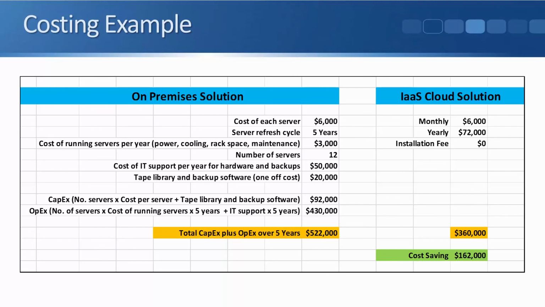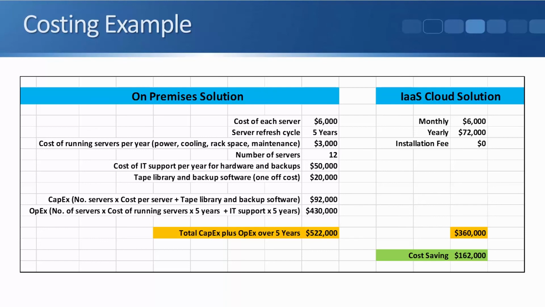Next, we're going to calculate the cost if we were going to run this same service in a cloud solution. So the way we calculate that is we look at the monthly cost for running it in the cloud. So that is the cost of the servers plus if we've got any optional extras in there, like if we have to pay any fees for additional software, additional storage, that kind of thing, we add that all in.